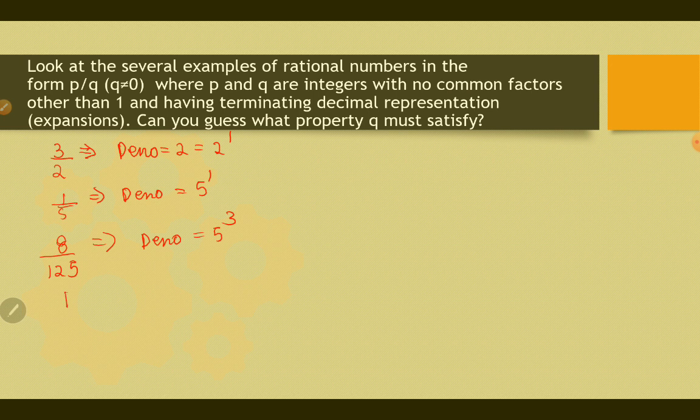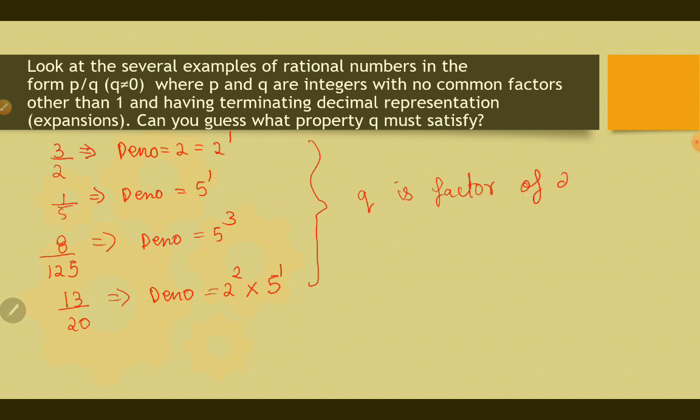Same way, 13 by 20, the denominator is nothing but 2 raised to 2 into 5 raised to 1. So from all this we can conclude that q is a factor of 2 and 5.